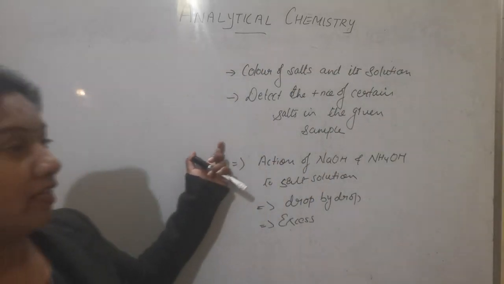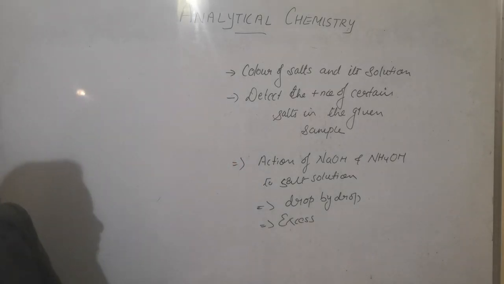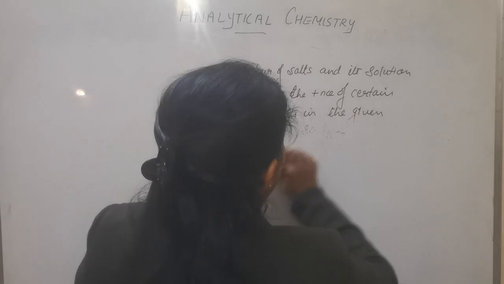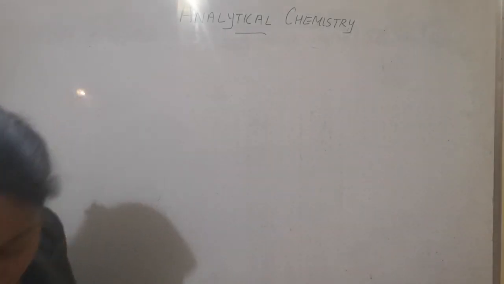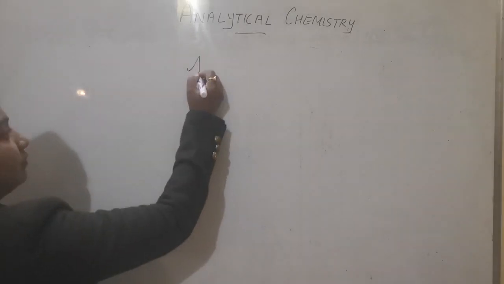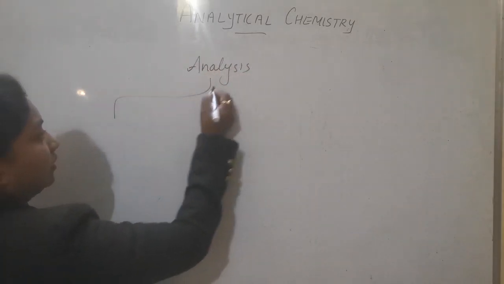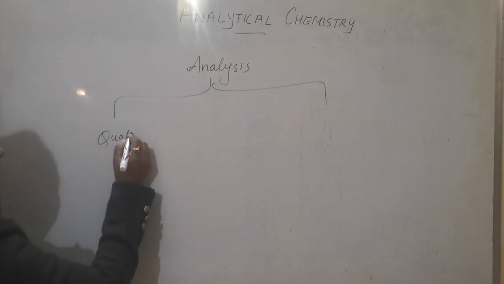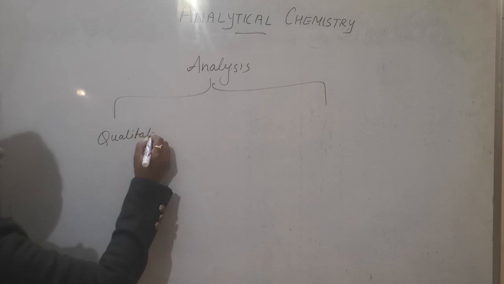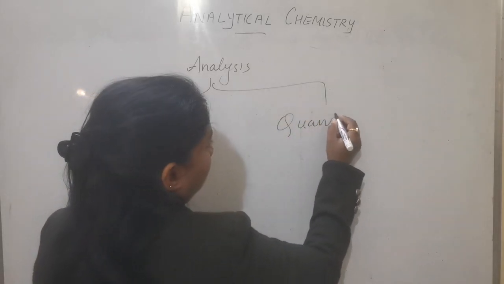See, when we are saying that detection of salt in the given sample, that detection that we are going to do is called analysis. So in chemistry, when we are talking about analysis, it could be done in two ways. One is qualitative analysis, and quantitative.